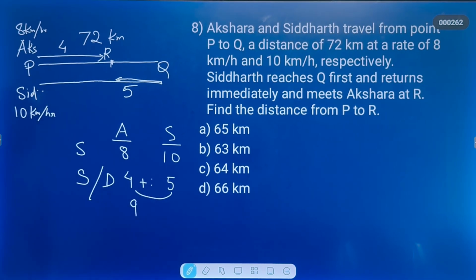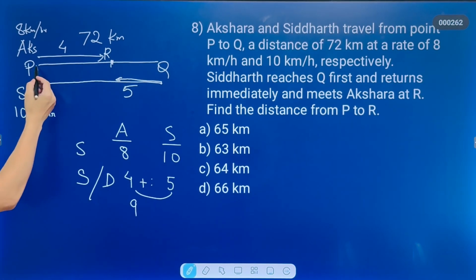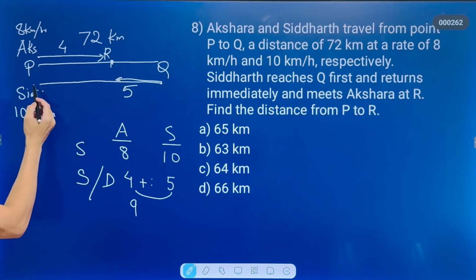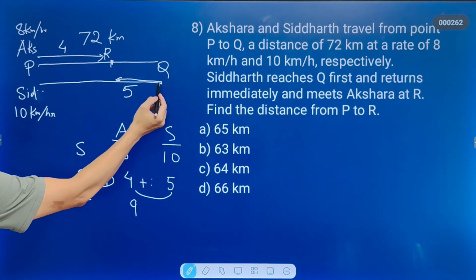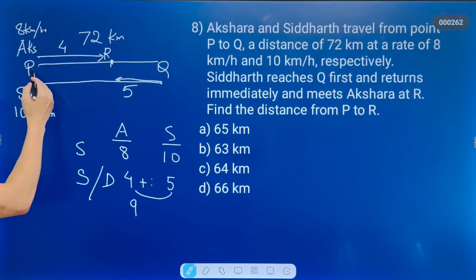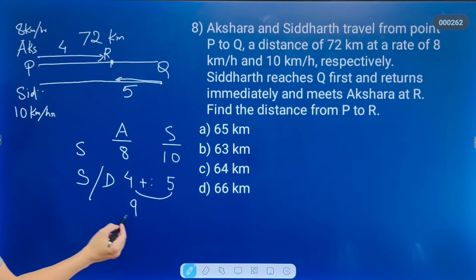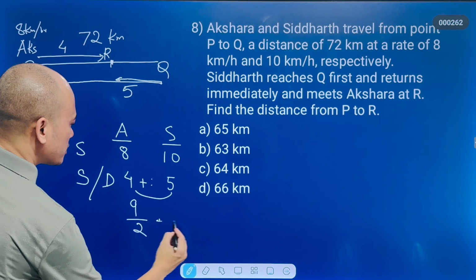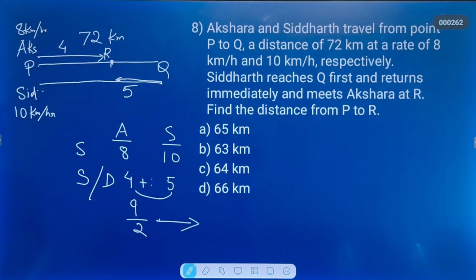But here 9 means this distance is covered 2 times. How? Because Akshara is traveling till here, then Siddharth has already traveled his distance, then again he reaches here and came back here, so it is 2 times. So one side distance, PQ, will be 9/2.